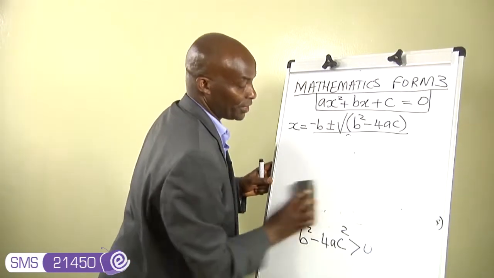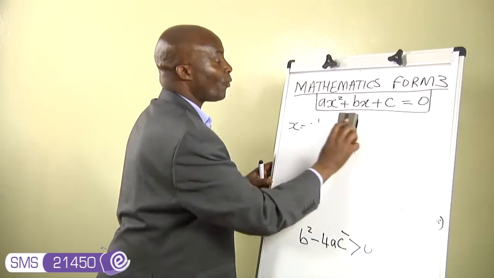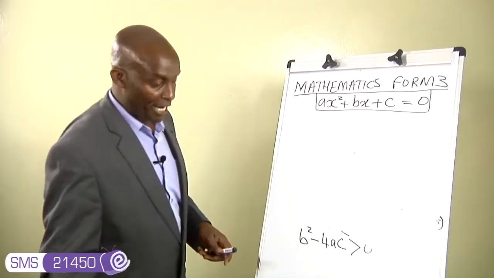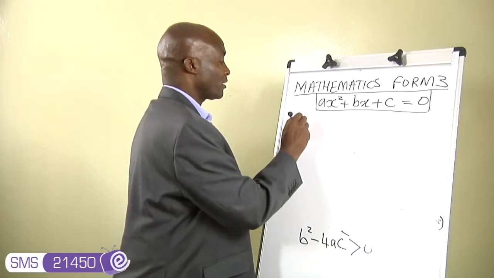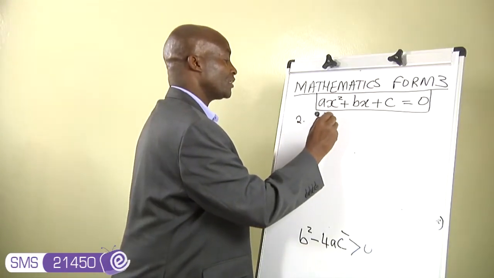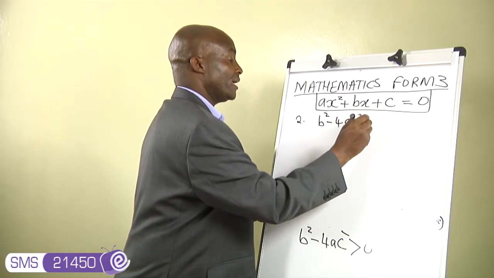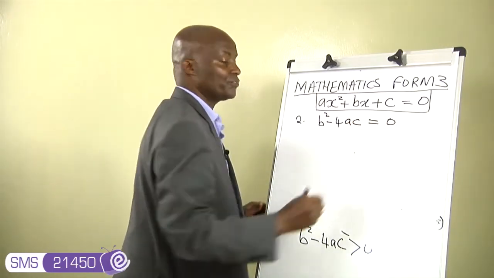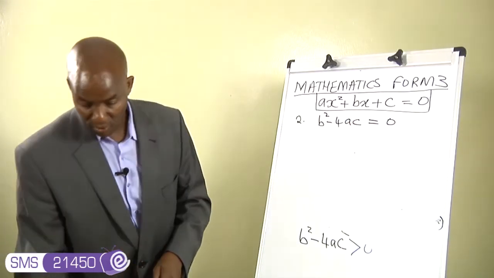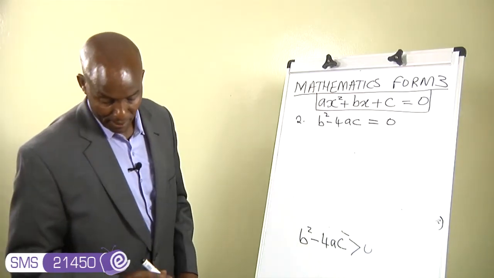The other condition is when b squared minus 4ac is equal to 0. And I'll give you an example for that.